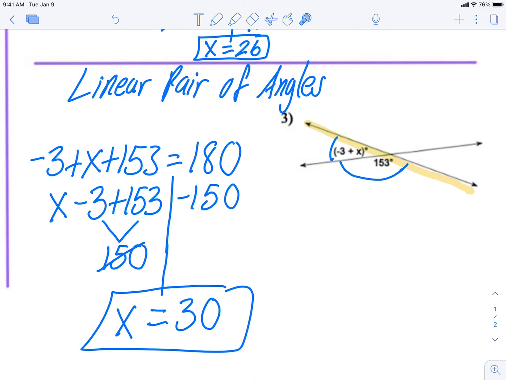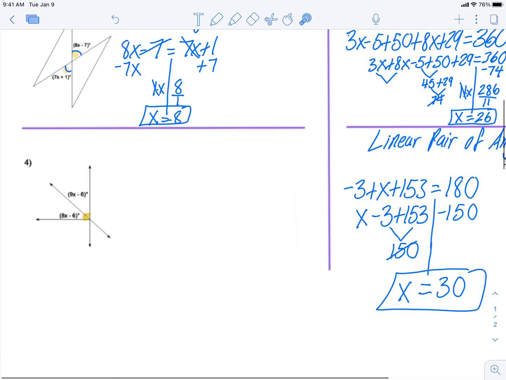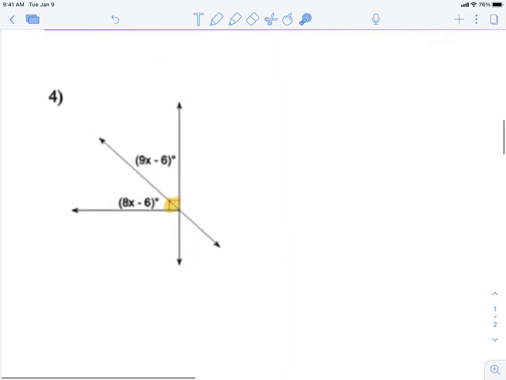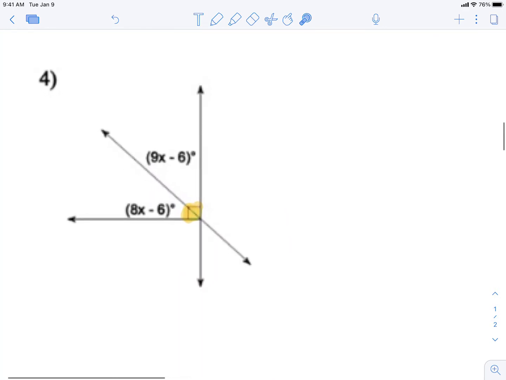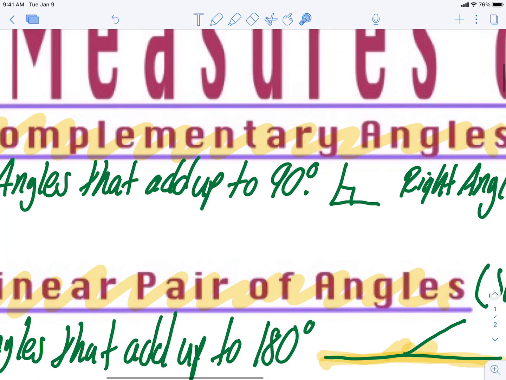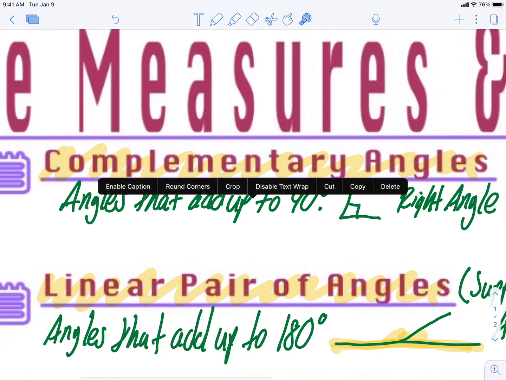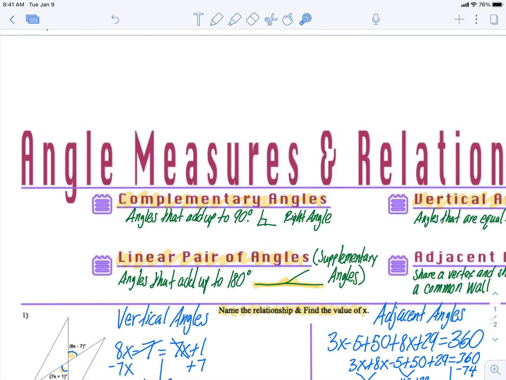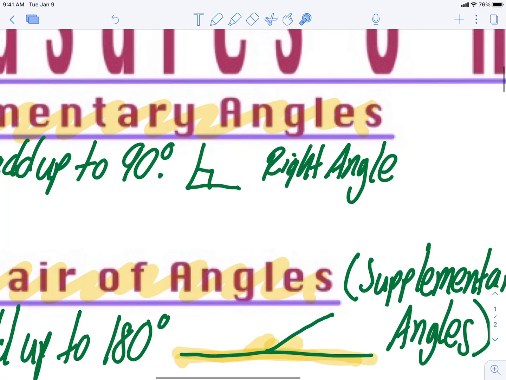And one more type of relationship, right? One more type of relationship. Let's do it. Number 4. And number 4, if you notice there in yellow, there's that little box. And what is that little box again? Let's remember. That little box means 90 degrees. Yes, it's a right angle.